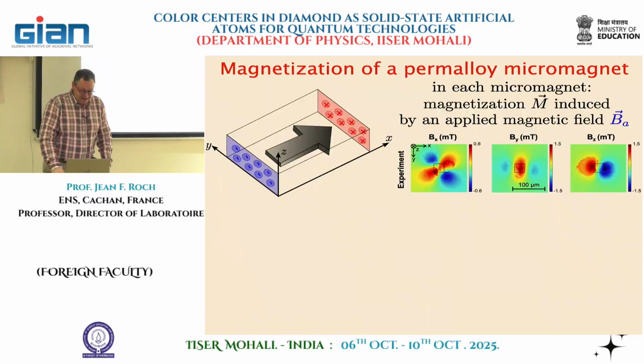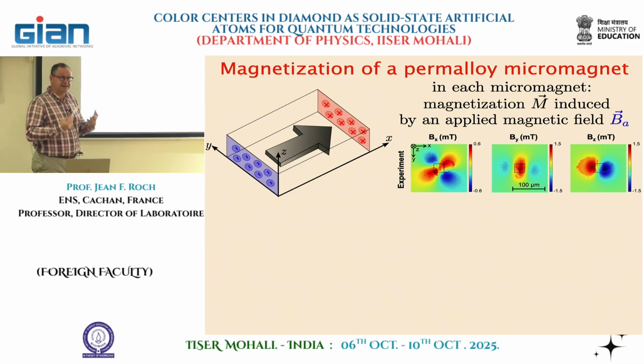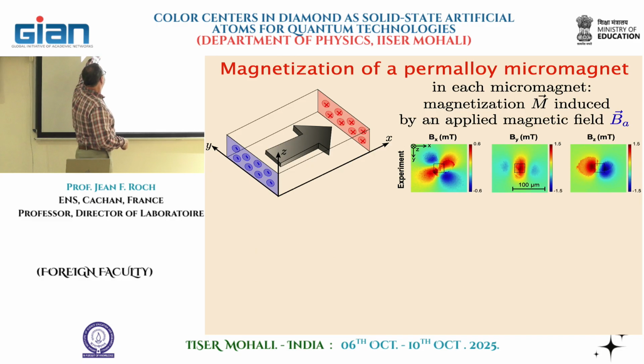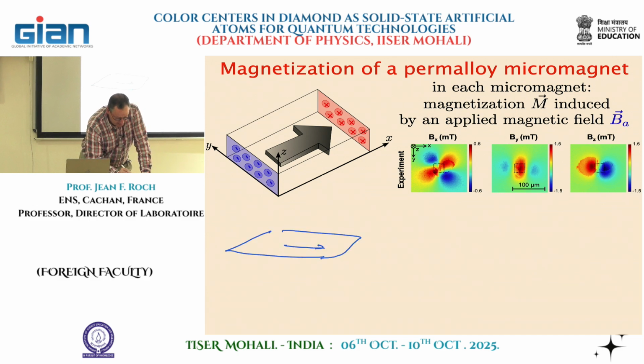So you have this multiplex advantage, and I will show you now that it is really quantitative. We can make a real measurement of the magnetization. For instance, we have here the model of the micromagnet of this microdot. We apply an in-plane magnetic field that will induce a magnetization in the micromagnet, and it produces an in-plane dipole.